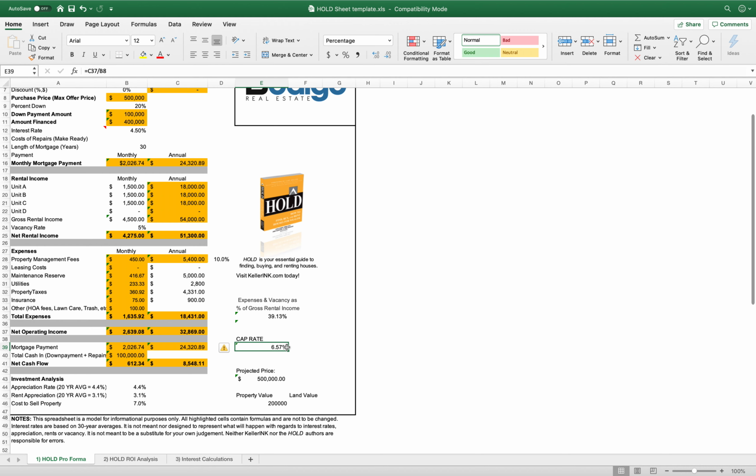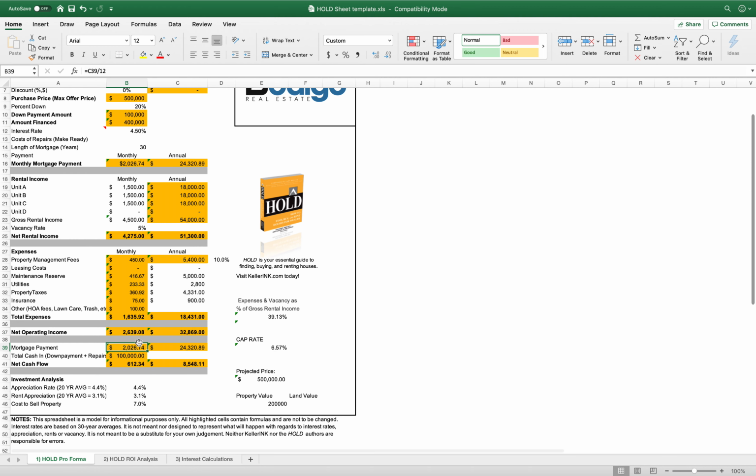And your cap rate here is 6.57%. Cap rate is used as a marker to analyze deals across different businesses, at least real estate deals. The way to calculate this is you look at your net operating income.